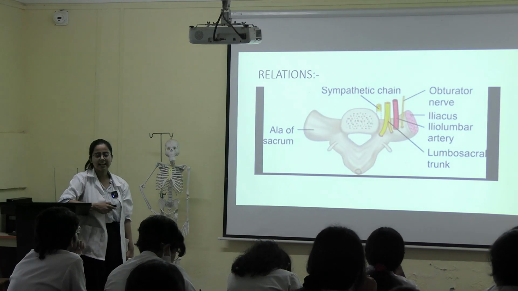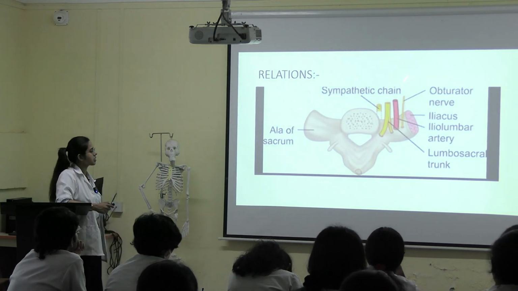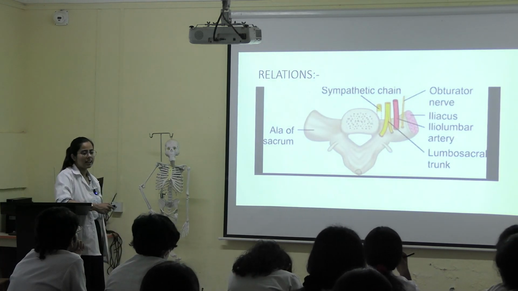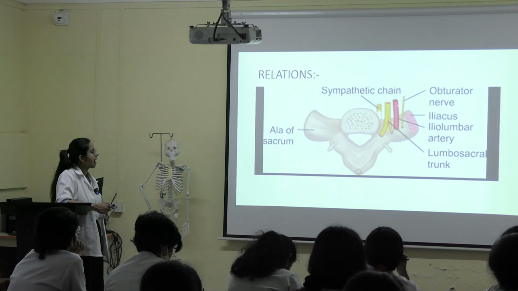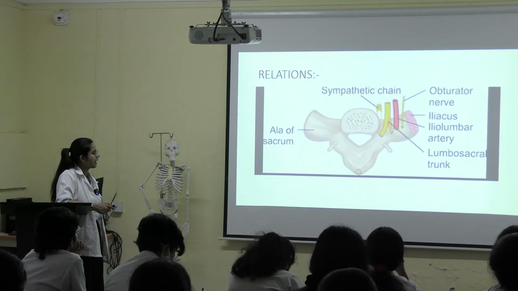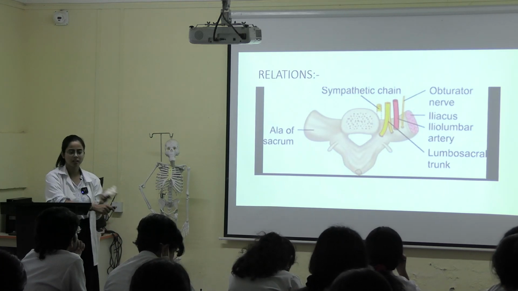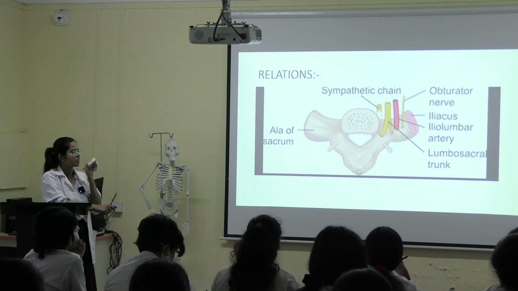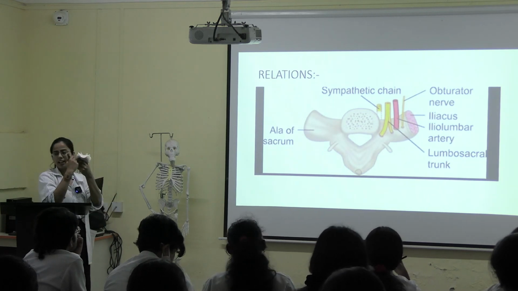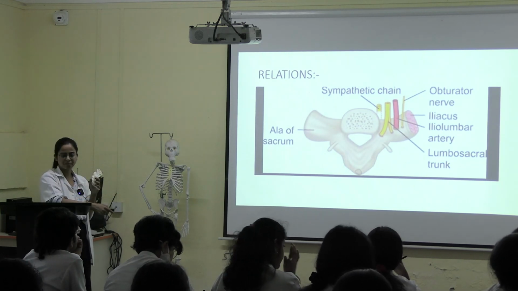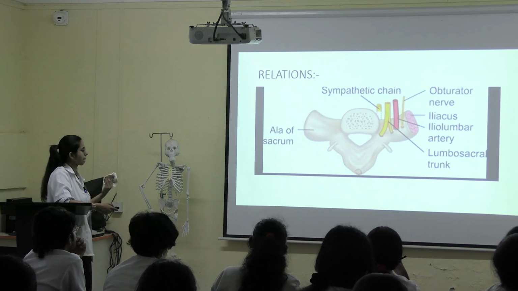SLIO: S for sympathetic chain, L for lumbosacral trunk, I for iliolumbar artery, and O is obturator nerve. These are the structures attached to the ala of the sacrum from medial to lateral.